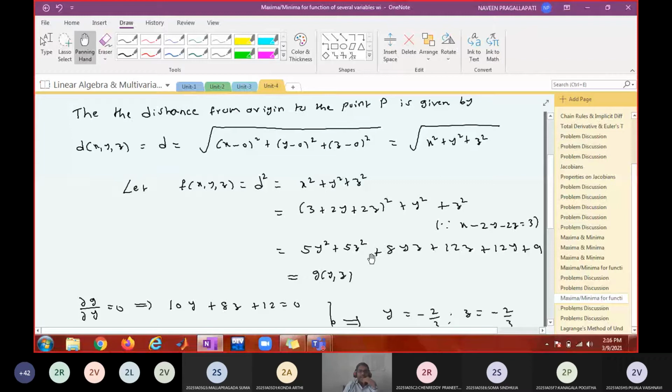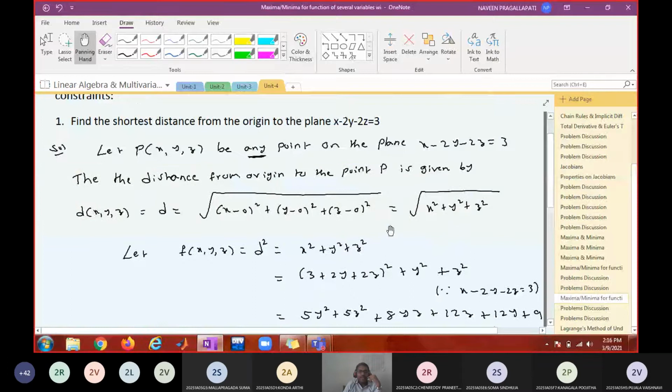No need to write the subsequent steps, because we are not going to reduce the number of variables. We write up to d square. You write up to this step.